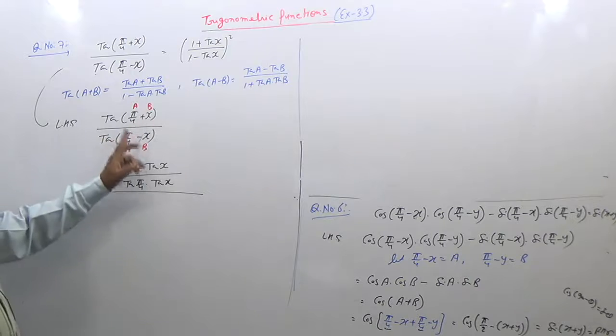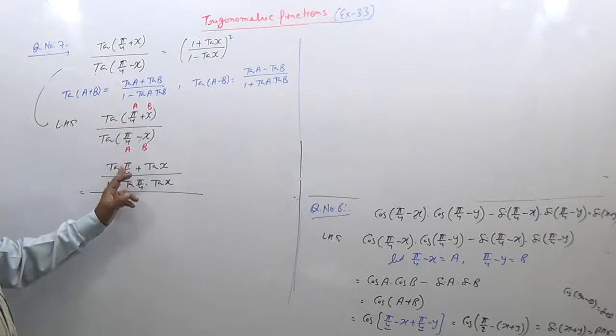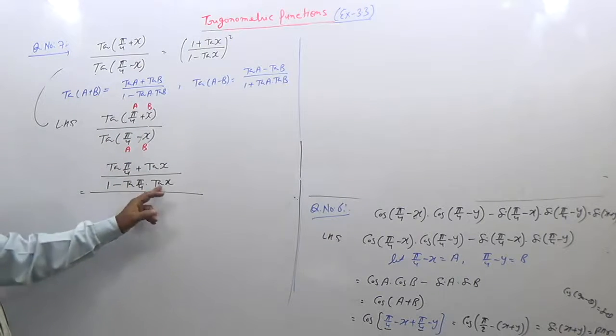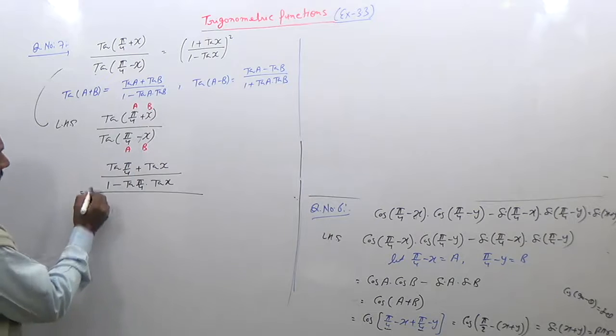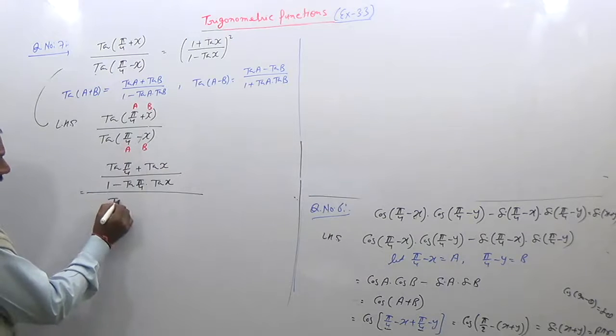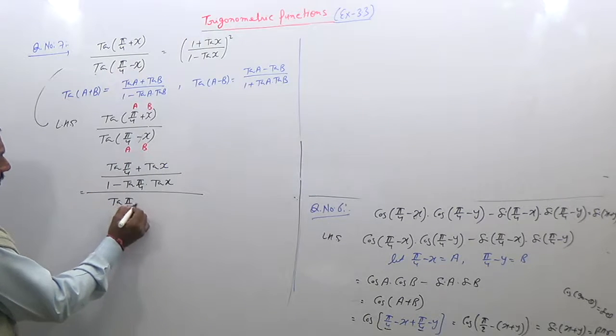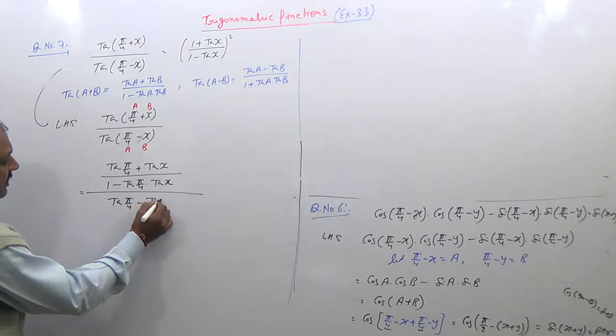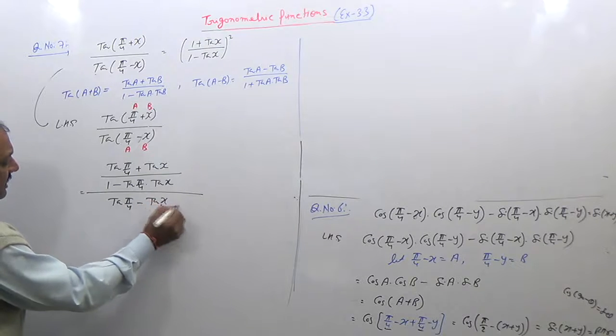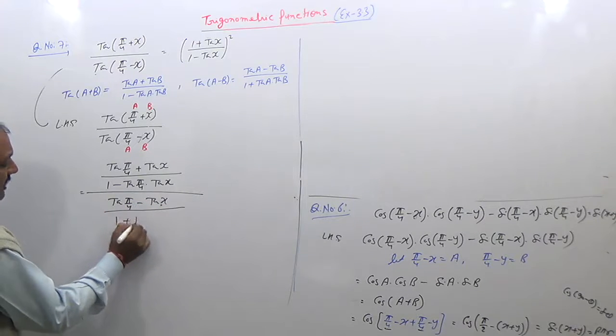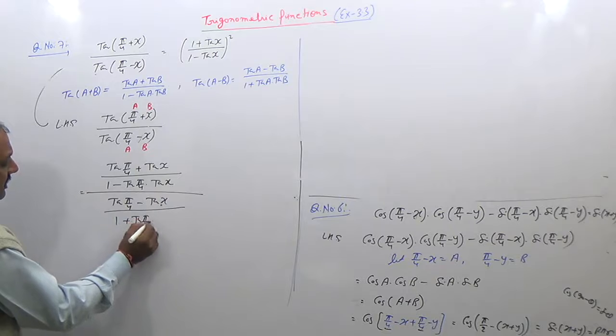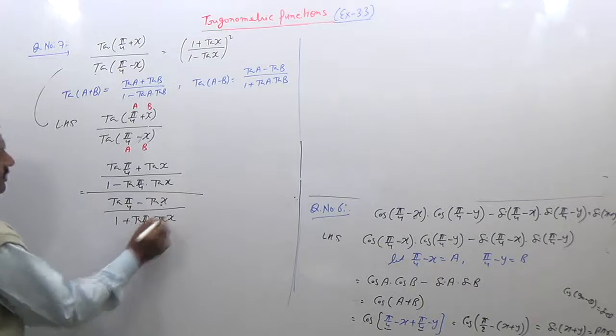And in the denominator, tan π/4 minus tan x over 1 plus tan π/4 into tan x.